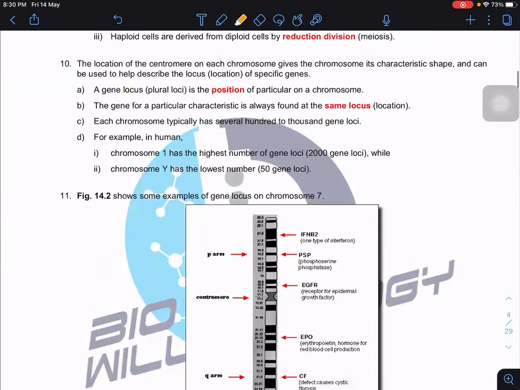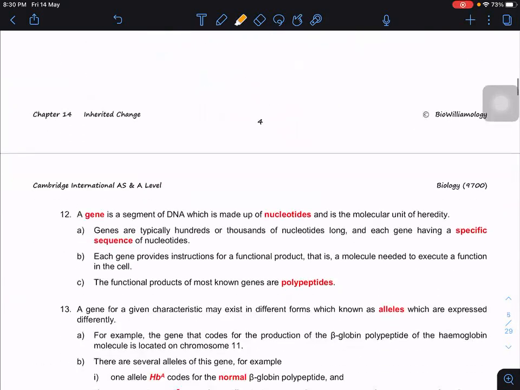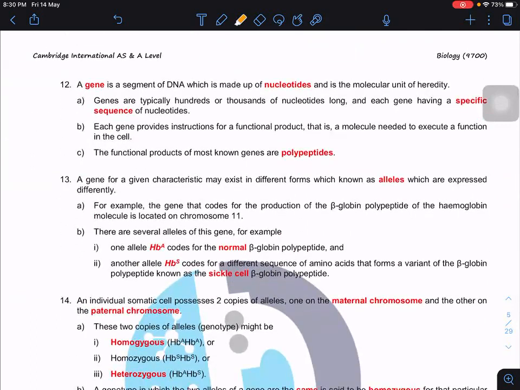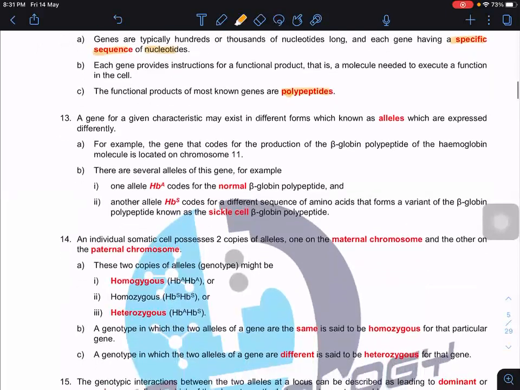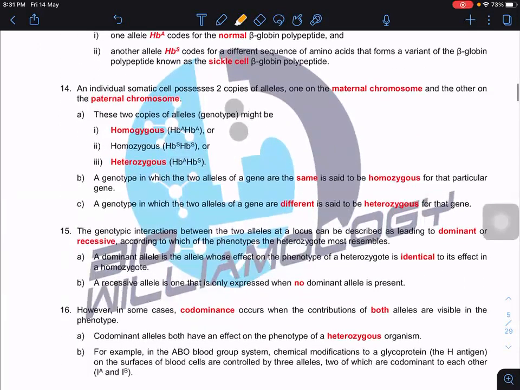What is meant by gene locus? It's a position, and we know about this. So what is a gene? It's a segment of DNA made up of DNA nucleotides with a specific sequence that codes for a particular polypeptide. The alternative forms of a gene we know as alleles. They can be either homozygous or heterozygous.